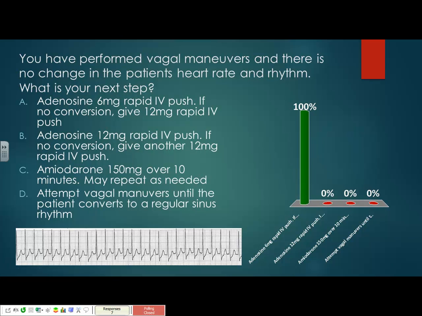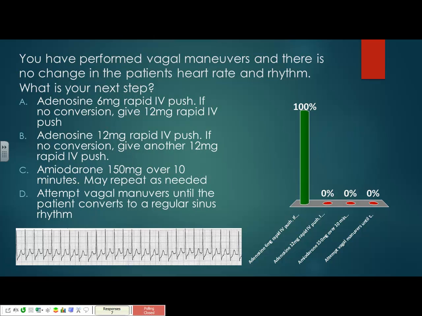Why do we do a rapid push on adenosine? Very short half-life. So the best way that I recommend doing it, and for those of y'all that were in my static station the other day, it's kind of a repeat, but if you've got your IV tubing, your line right here, we're going to put our adenosine at the port closest to the IV site.